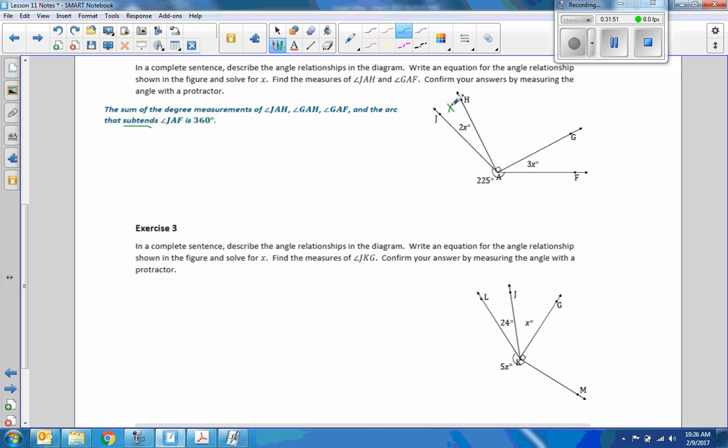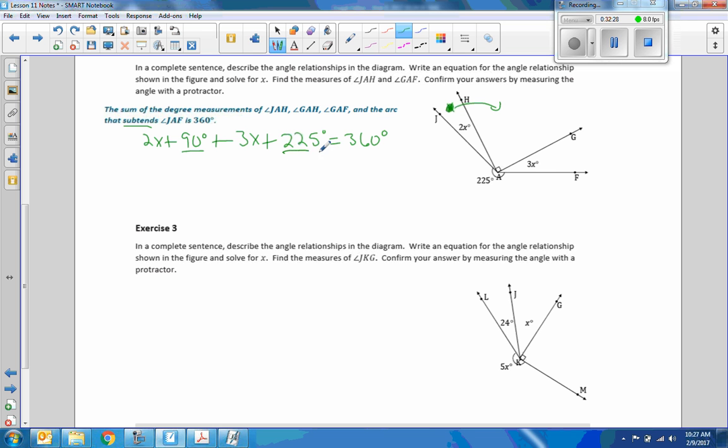So if I start at this location here and work my way clockwise, okay, I don't want to use an X, start at this point and work clockwise around, I would say 2x plus, this is 90 degrees, plus 3x plus this big arc right here, 225 degrees, all add up to a full circle rotation of 360 degrees.